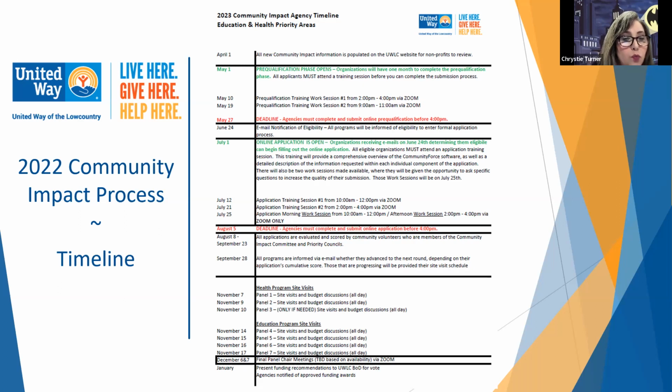The same thing with August 5th, at 3:59, that system starts shutting down. So please don't wait to hit your final review and submit, because if you're still uploading documents and that system shuts down, then it's going to lock you out, and it's going to make you ineligible to receive United Way funding.